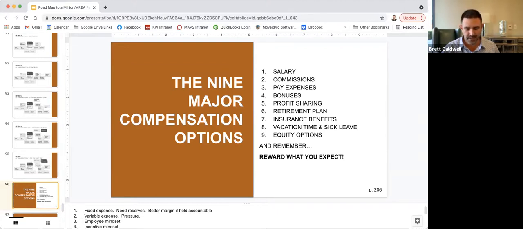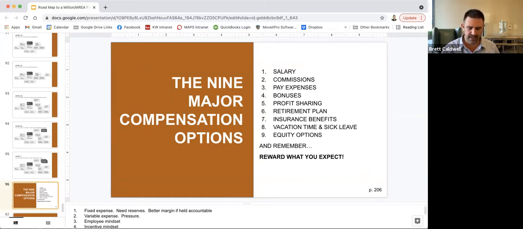And then retirement plan. It's the moral and long-term conversation around helping people that commit a big portion of their life journey with you. How do you help them prepare for a later chapter in life?